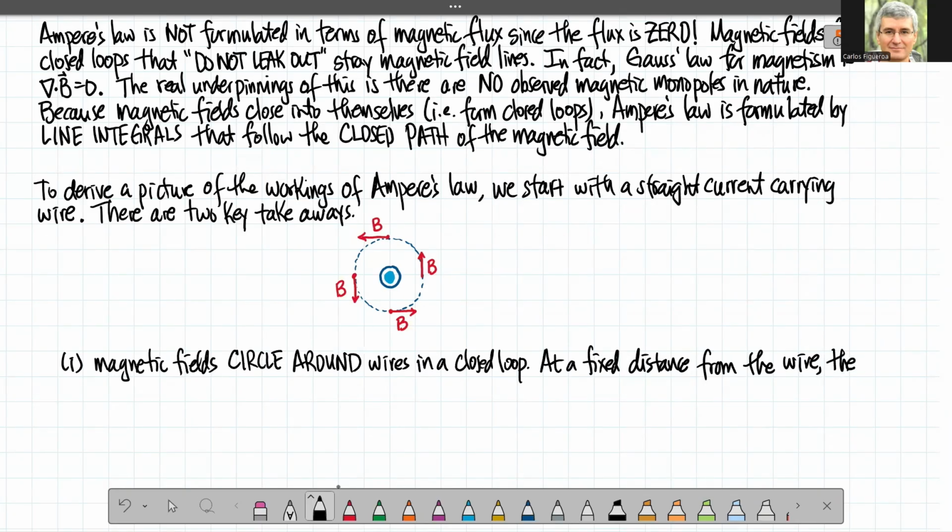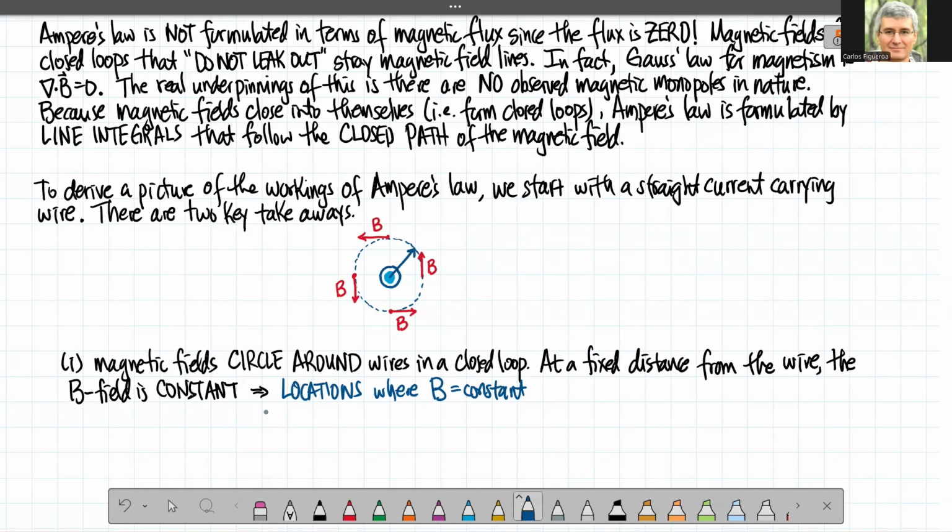The magnetic field is constant. So this tells me that there are locations where B is equal to a constant. In other words, if I fixed my distance from here to here, then each of these magnetic fields is going to be a constant.